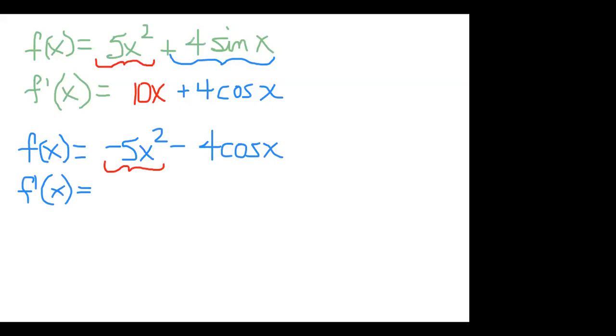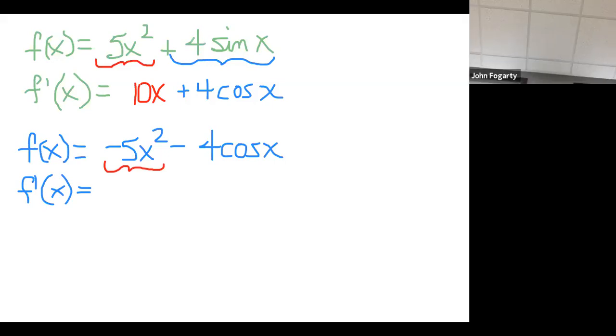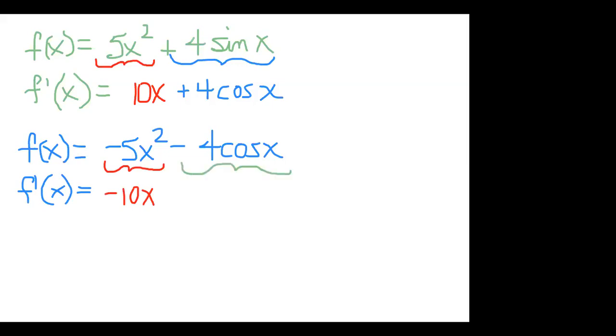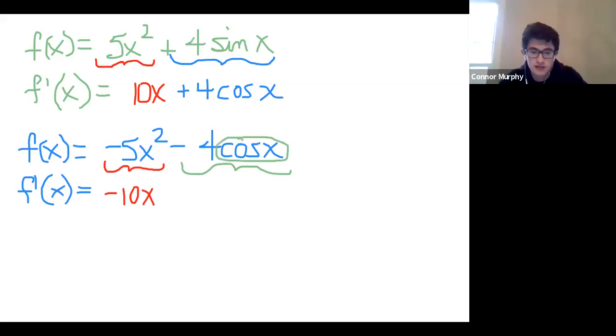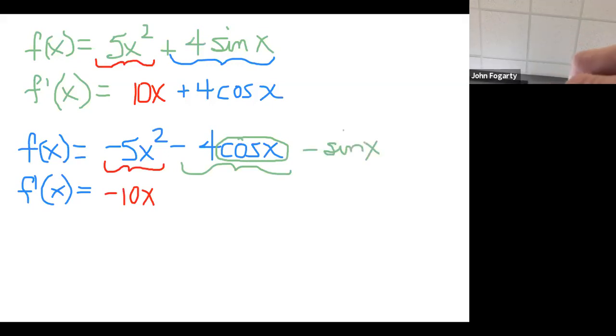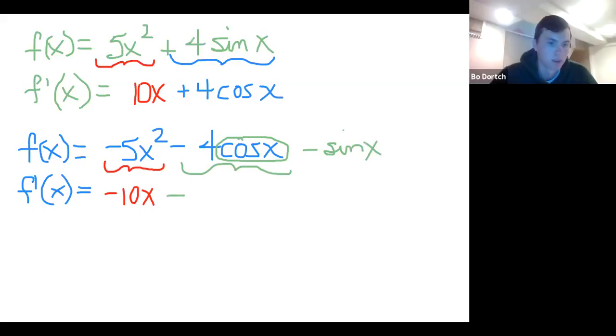Multiplier. Yep, we got negative 10x, right? And then what are we going to use here? Trig rule. All right, now you got to be careful. What does this become? Plus 4 sine x. Negative sine of x, and a negative times a negative is a positive. Very good.